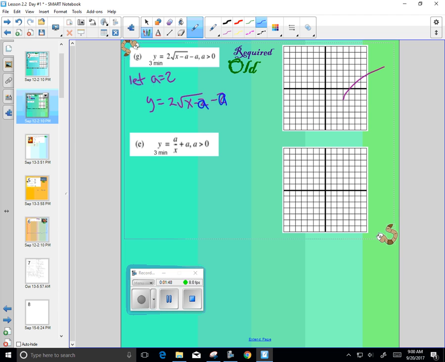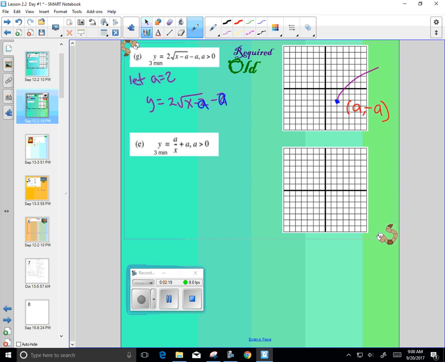I guess I didn't go 2 there, did I? Should try that again. Here's 2. So this is going to be over 2, or a, and down 2, which is a. By the way, this times 2 doesn't do anything. It just makes it a little steeper.